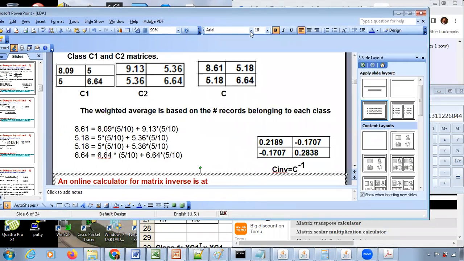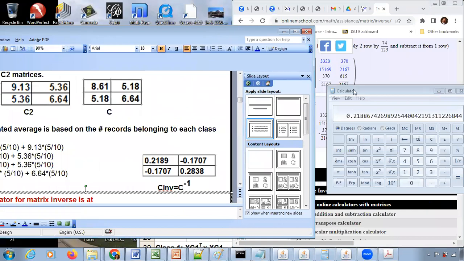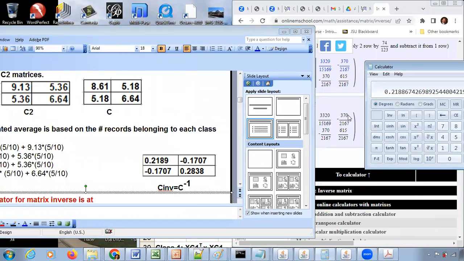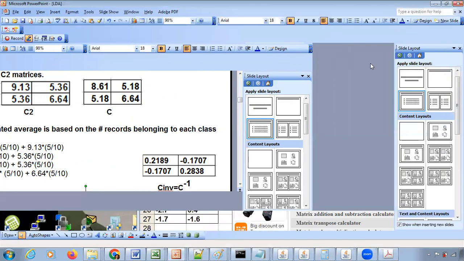Similarly, the other values: negative 370 divided by 2167 is going to be negative 0.1707, and it's the same entry here as well. And then 615 divided by 2167 is going to be 0.2838. Okay, so that's the inverse of C.